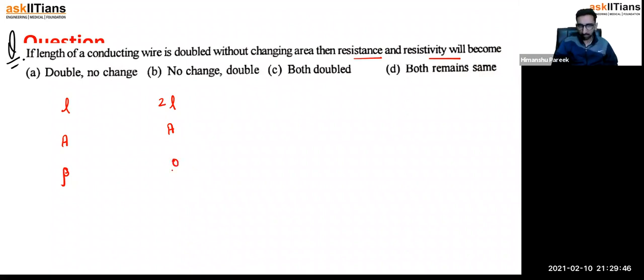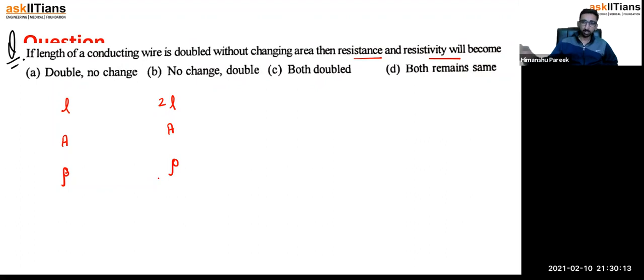It would be exactly rho, because resistivity is not depending upon the length of the wire. It is depending upon the material. So if you take a nichrome wire, whether it is 10 meters or 20 meters, the resistivity is its property, a material property. It's not related to the amount of the wire, like the amount of molecules. So once you take the material, the resistivity value is fixed for it.